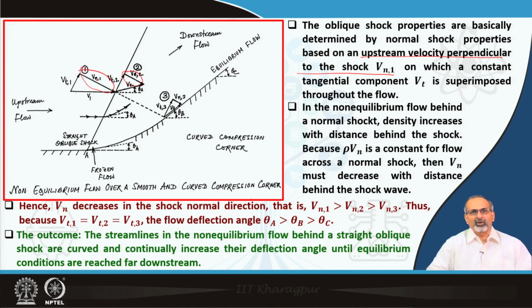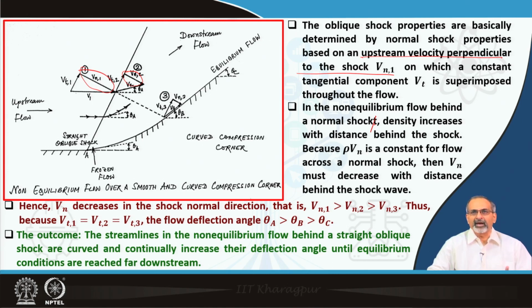So, the jump in normal velocity is basically the jump between V n1 and V n2. In the non-equilibrium flow behind a normal shock, density increases with distance behind the shock. Why is it? Because the molecules are dissociating, and that is an endothermic phenomenon that we already talked about.